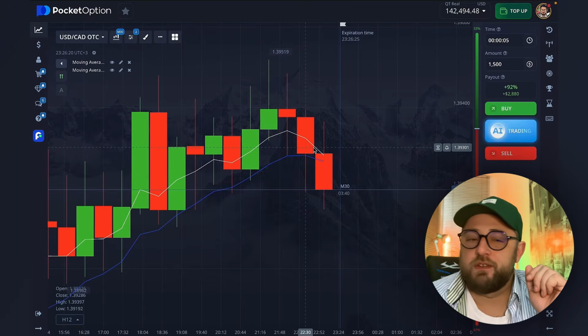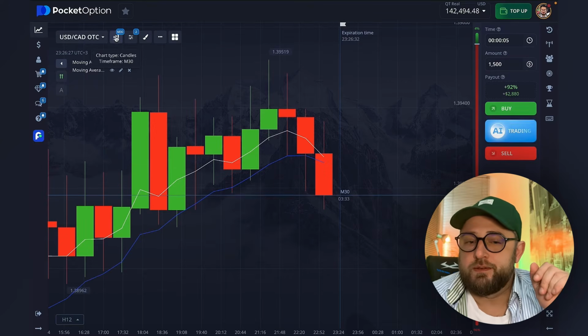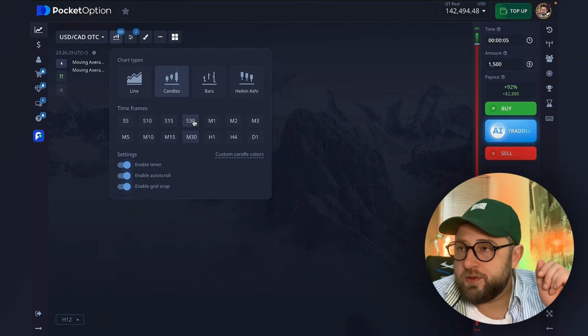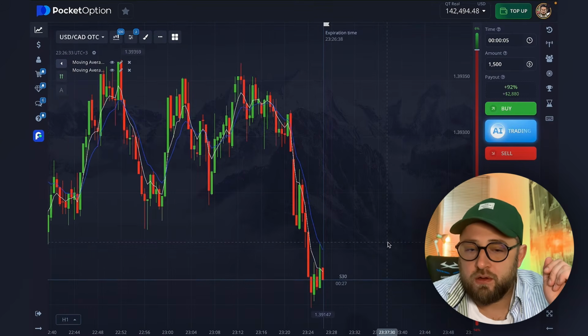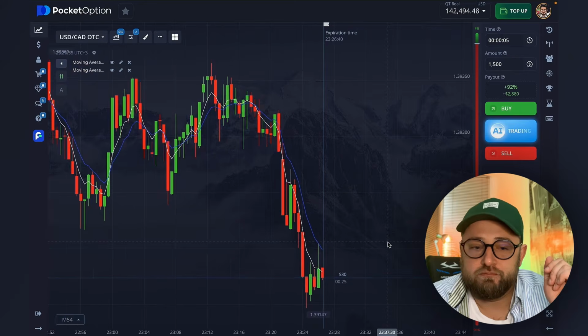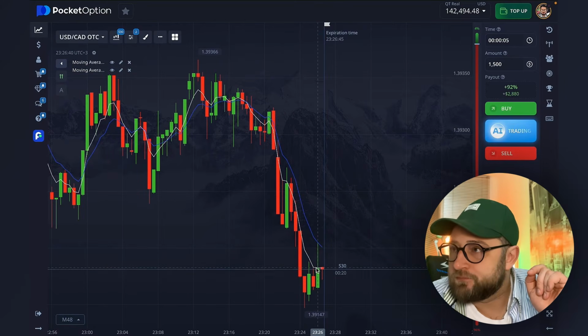Yeah, this candle looks good, full body, orange. It's a bullish trend forming. So yeah, let's check the volatility on S30. Yeah, strong movement here. Let's study it a bit more and open the first trade.